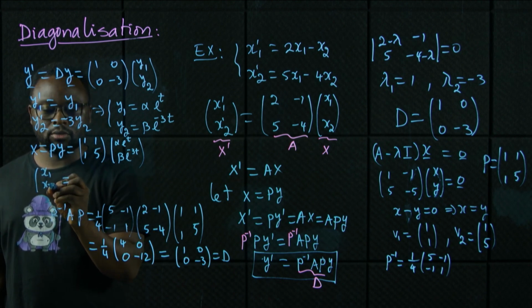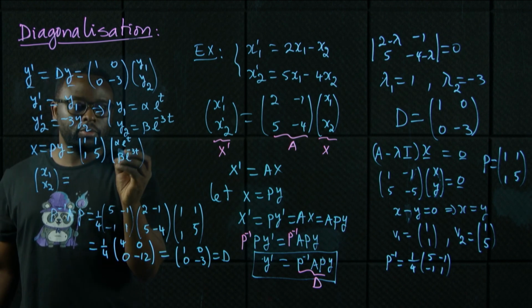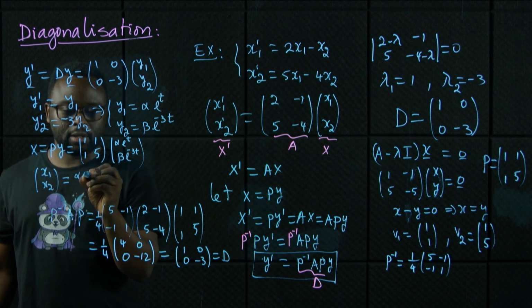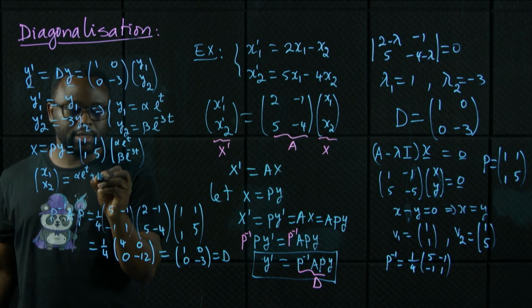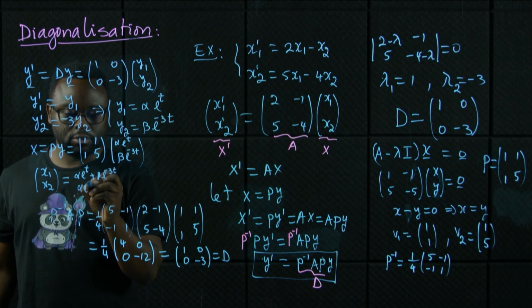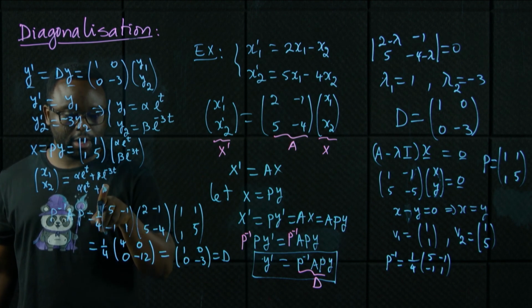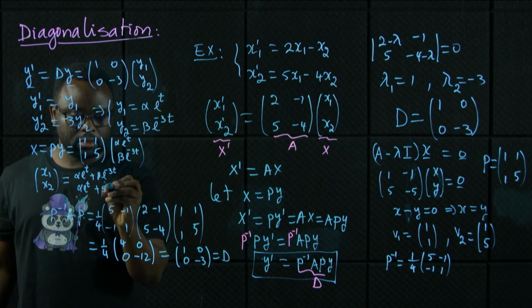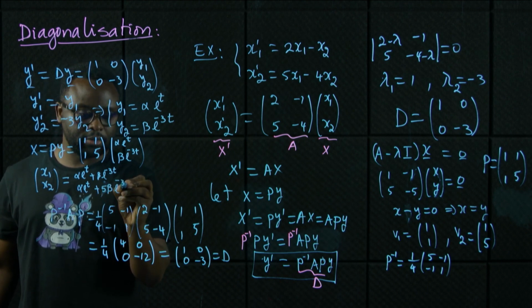Okay? If we multiply this, we obtain x1, x2, which is alpha times e to the power t plus beta times e to the power minus 3t, and alpha times e to the power t plus 5 beta times e to the power minus 3t.